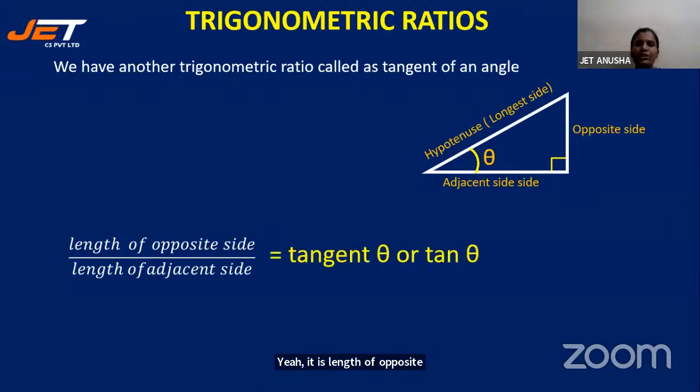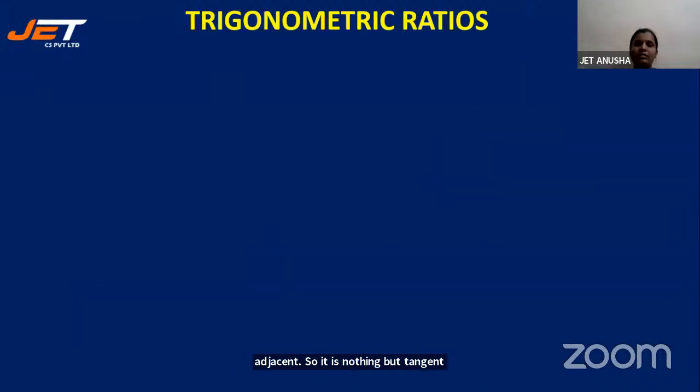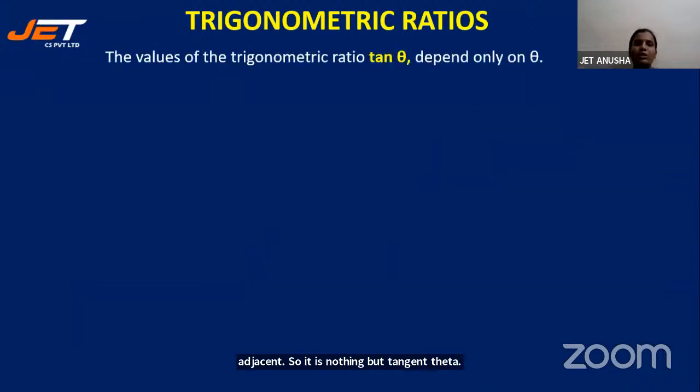So it is nothing but tangent theta, or tan theta. The values of the trigonometric ratio tan theta depend only on theta. That means the values of theta will be changing. It will be 0 degrees, 30 degrees, 45 degrees, 60 degrees, 90 degrees in that way.